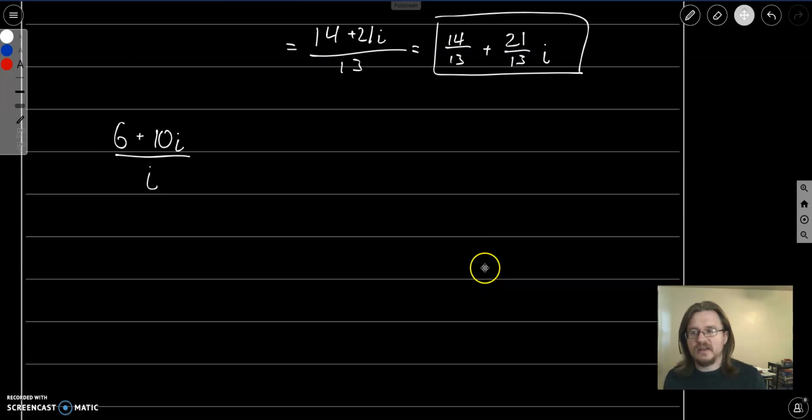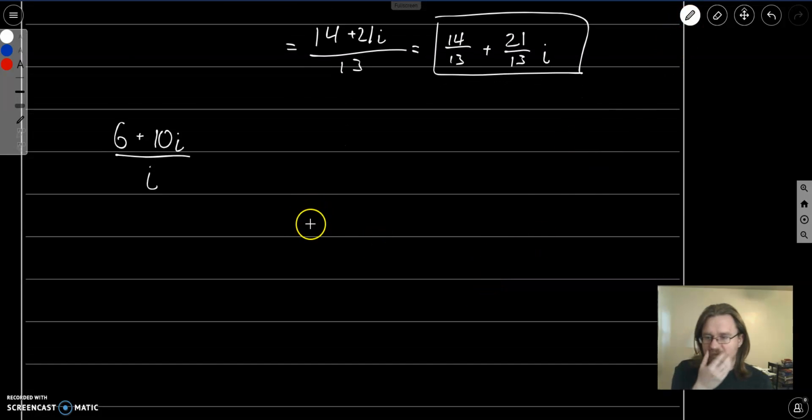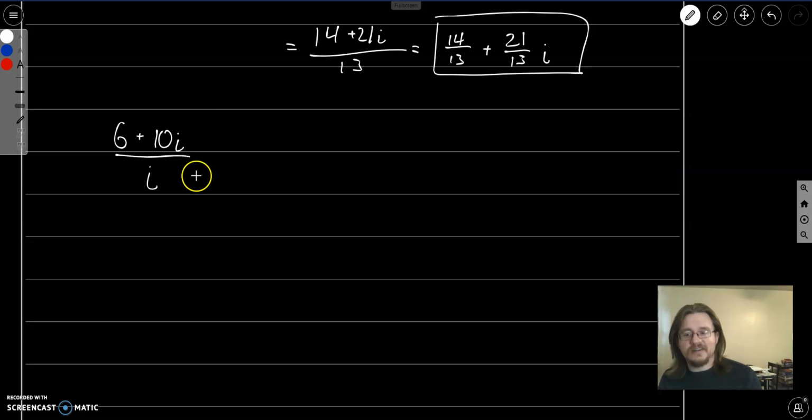One last one, and this one is maybe a little bit silly because of the following. I've got an i on the bottom of my fraction here, and I could multiply this by the conjugate, but it really isn't necessary.